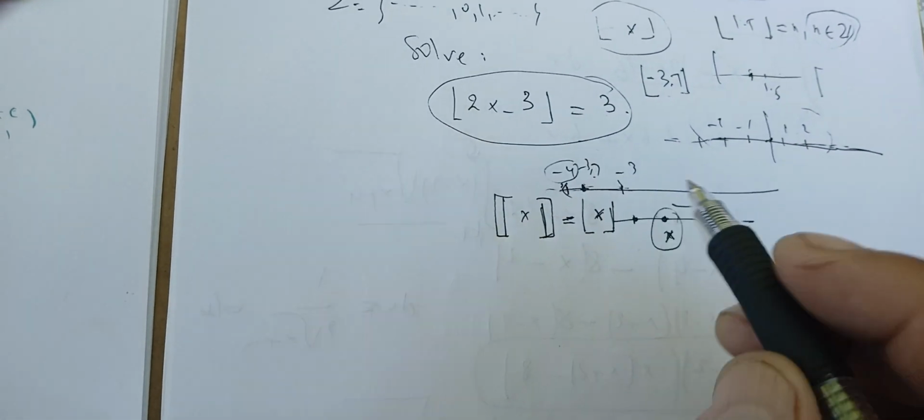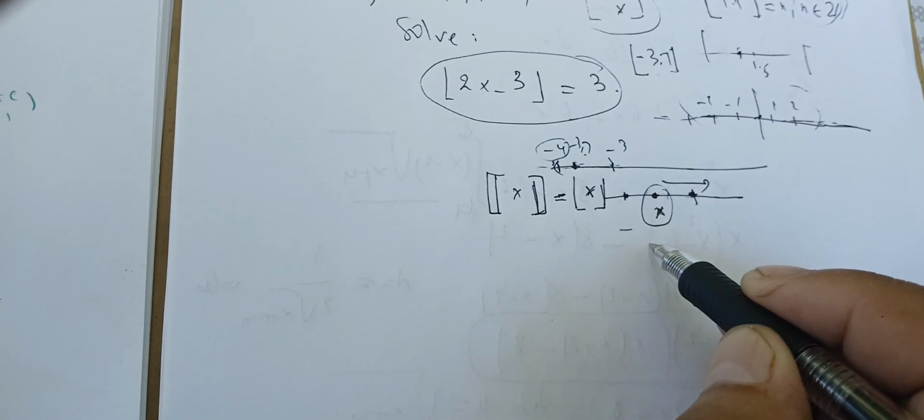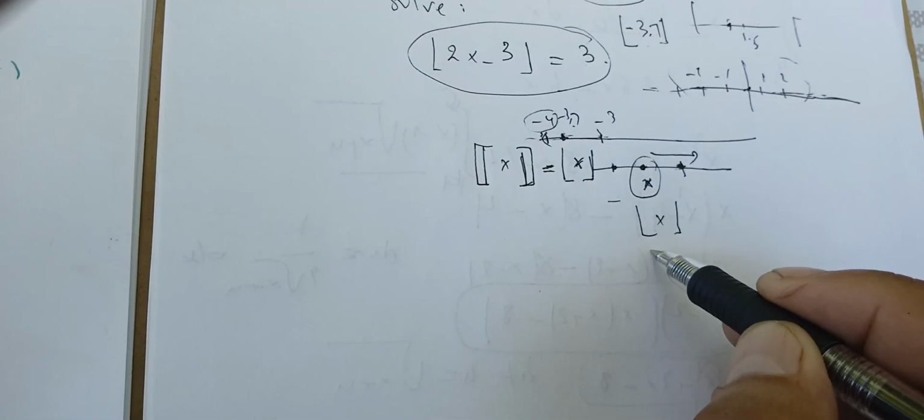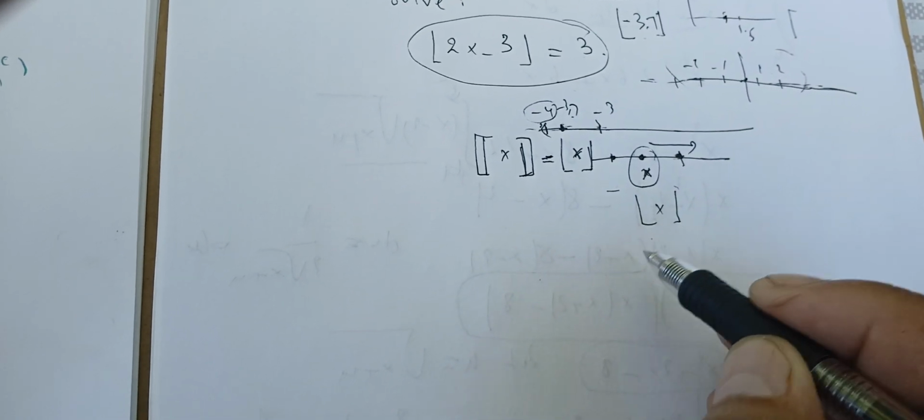Okay, so now let's see what we mean here. The definition of the floor function of any number x means that this value is an integer.